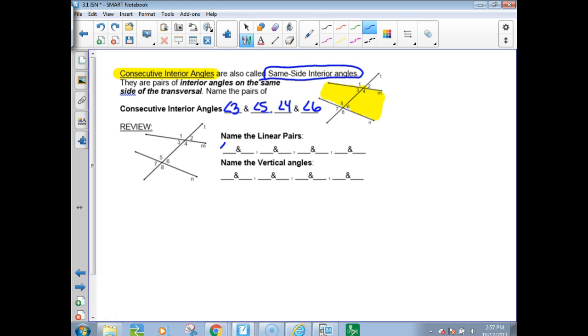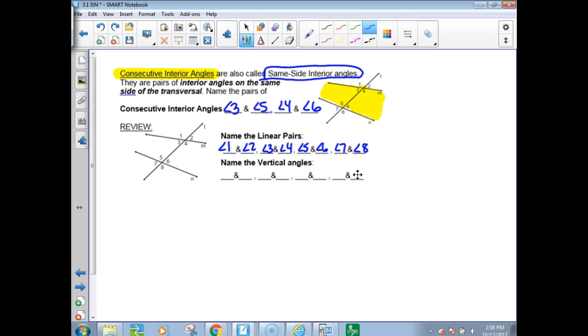1 and 2 are a linear pair because they form a straight line put together. 3 and 4 are a linear pair, 2 angles that add up to 180. 5 and 6, and 7 and 8.